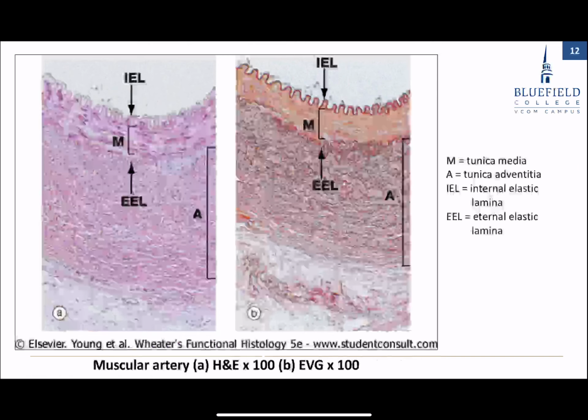External, there are just so many within the media already that we'd have to say it's just the first one we see within that media. The other side, it is right here. If you look, this little squiggly line right here is my external elastic lamina. That's the border between media above and intima above and media below.